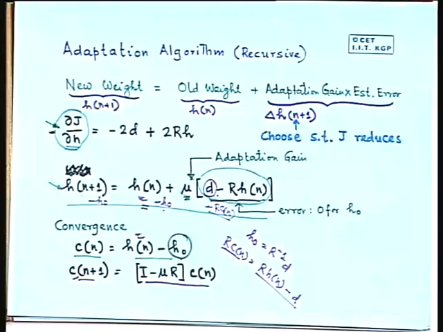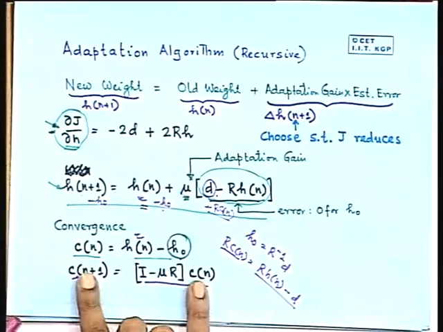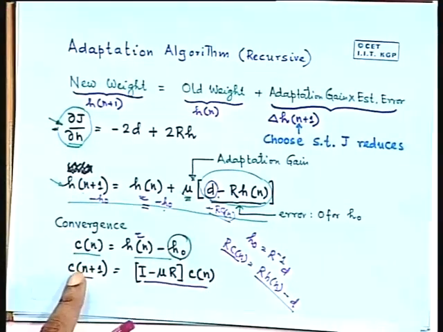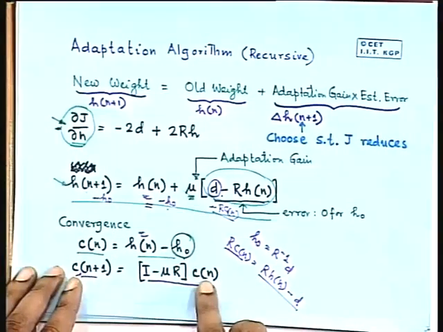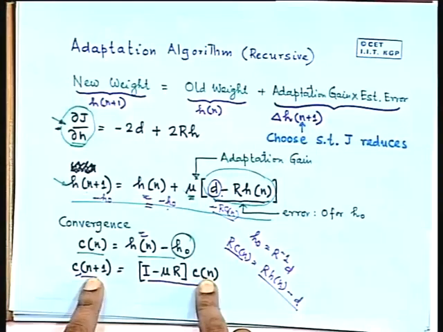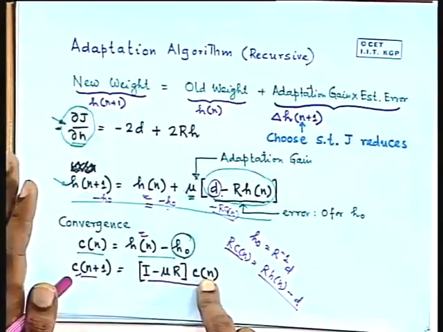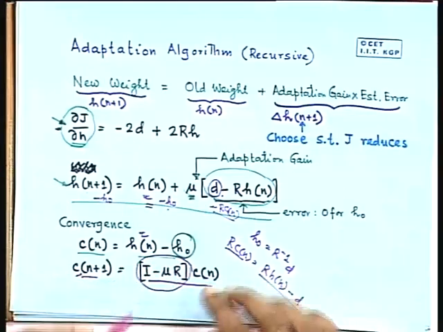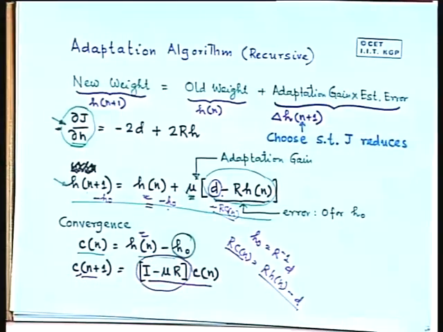Correct? It's simple. But what we have done is now we have set up an error equation. Now we are only talking in terms of errors. So if the error was here at the nth step, at the n plus 1th step, it will be related like by this. Now whether the error will go to 0 or not will totally depend on the property of this matrix. Right?